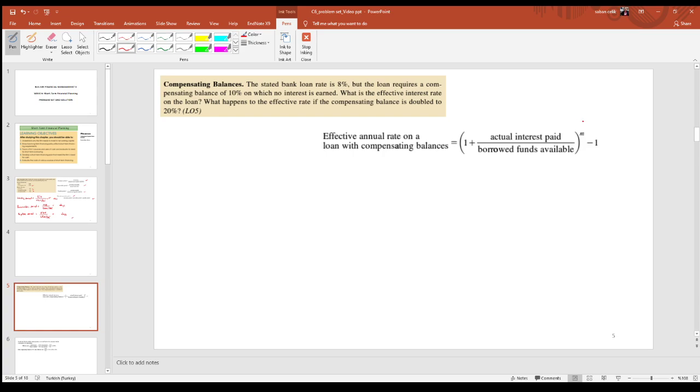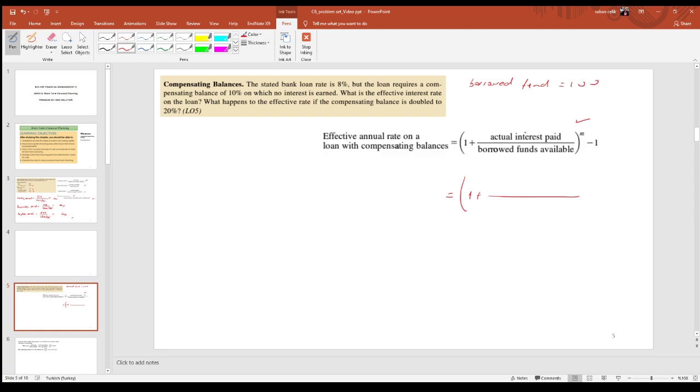So either you may use this equation or in a different way you can also solve it, but let's use this equation. 1 plus, let us assume the borrowed fund is 100.